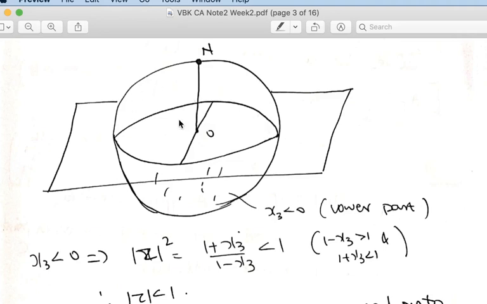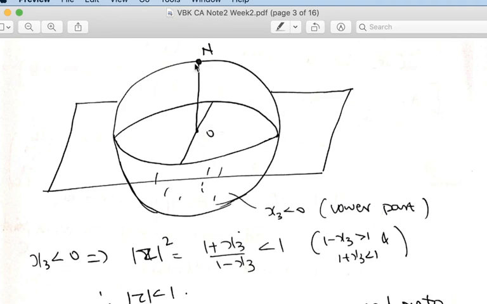You can see that when x3 is less than 0, this is the lower hemisphere, and when x3 is greater than 0, this is the upper hemisphere. Via this map, the upper hemisphere is mapped onto the outside of the disk of radius 1. All the part in the upper hemisphere is mapped onto the outside part, and all the part in the lower hemisphere is mapped onto the inside of this.